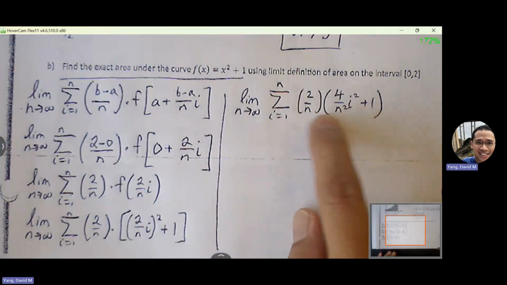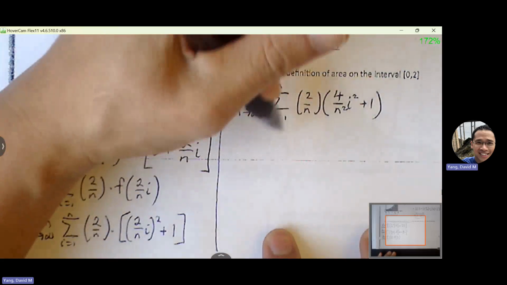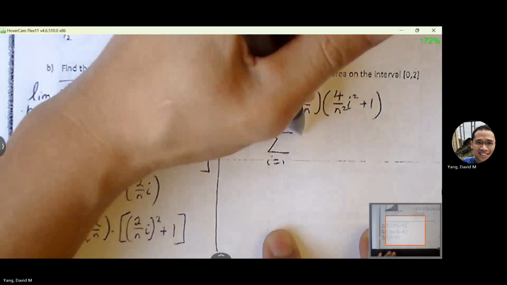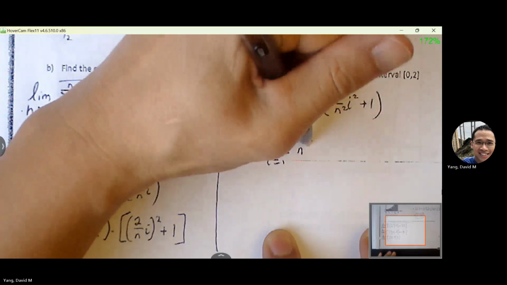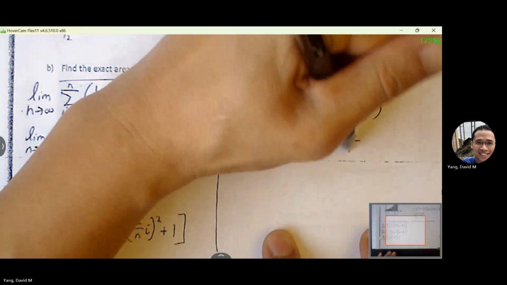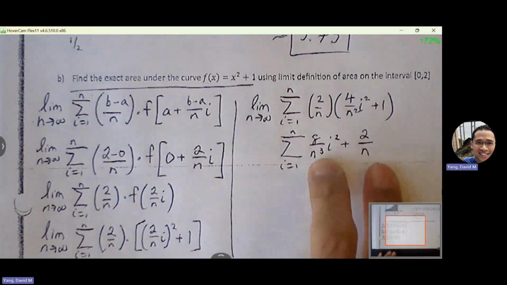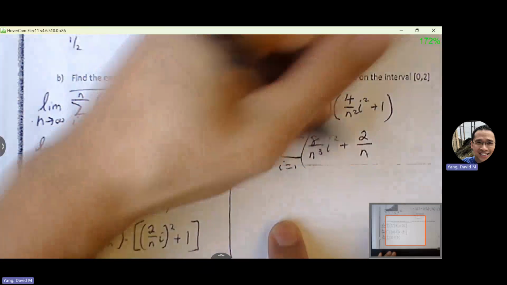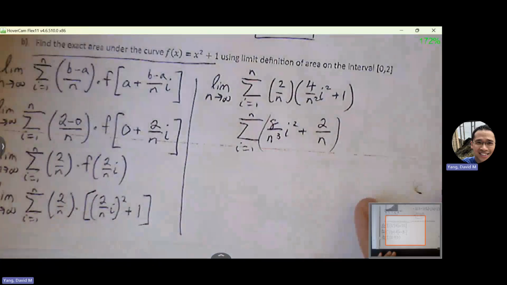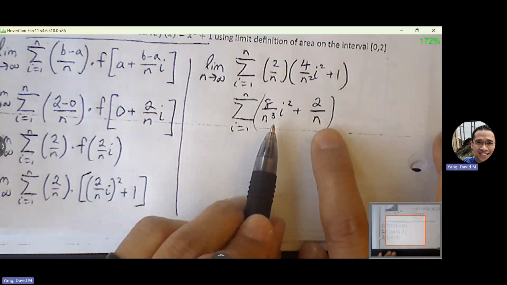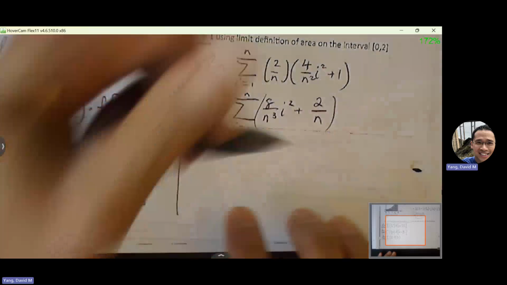Let me clean this up here. I'm going to separate each of these into its own summation and then pull out the coefficients that are not part of the rule. The hope is that we can get everything in terms of n, and then we can evaluate the limit.